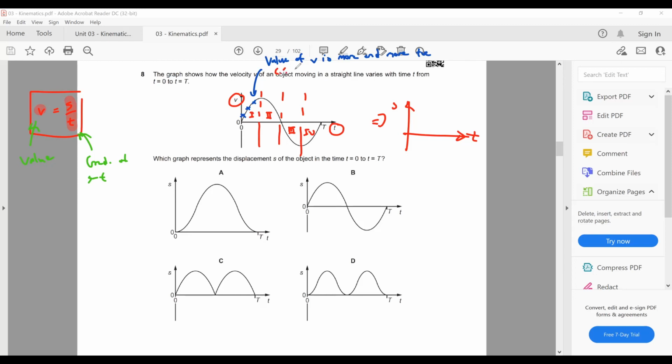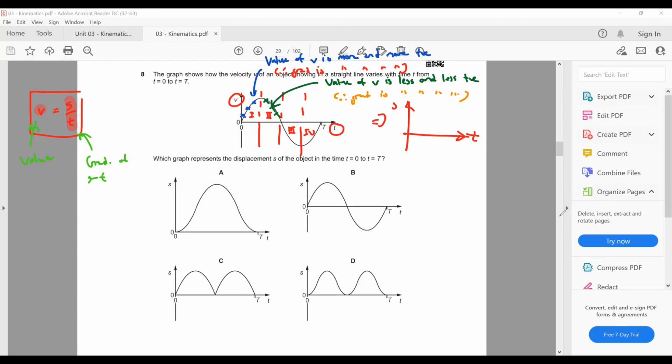So therefore gradient is more and more positive too. But then if I talk about this part here, I would say that the value of v is less and less positive. Therefore, gradient is also less and less positive.